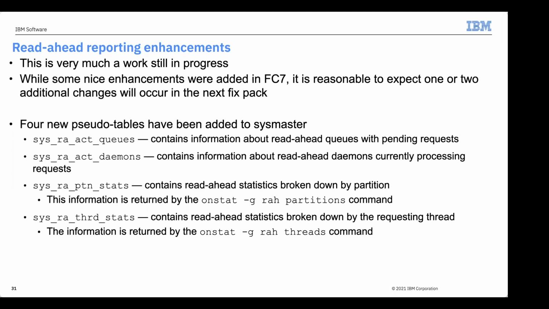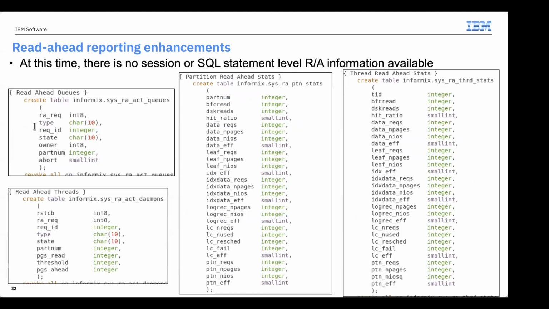This is the schema for these pseudo tables. So you can look at them and understand what exactly it is we're capturing and so forth, and write your own queries for understanding read ahead if you want. Now, I have a very small test instance that I work with.